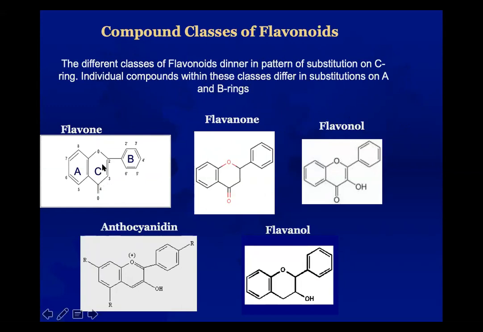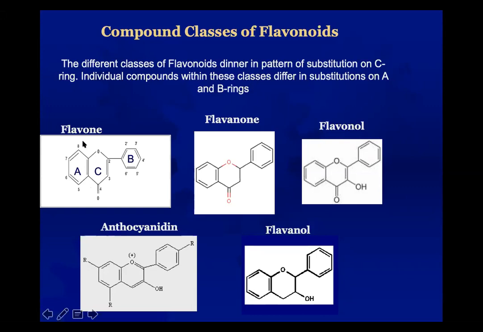Here you can see a three-carbon ring. That means flavonoids are C6, C3, and C6. So if you are asked briefly, the flavonoid unit is C6, C3, C6: the A ring has six carbons, the C ring has three carbon, and the B ring has six carbons.